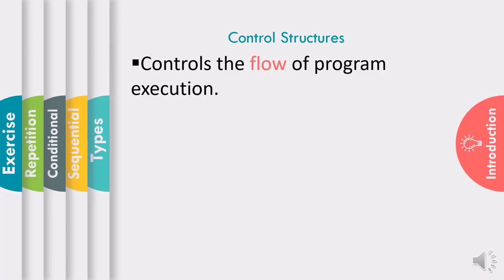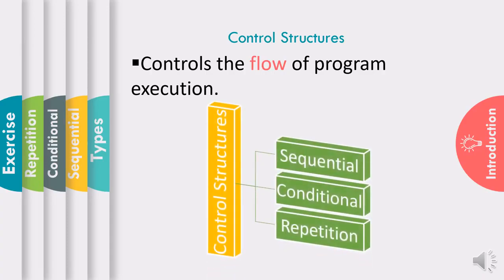We know that there are three types of control structures in C++: sequential, conditional, and repetition. Conditional control structures are those in which some type of decisions are involved.